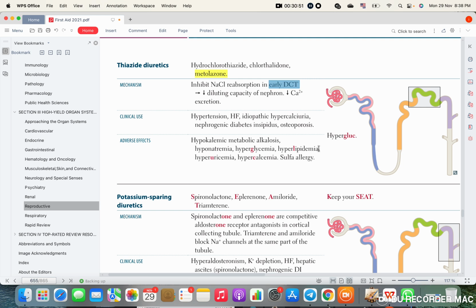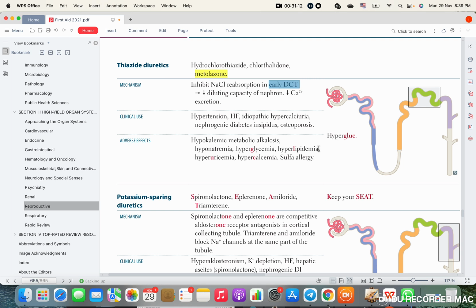So the mechanism of thiazide diuretics is the inhibition of sodium chloride reabsorption in the early DCT. So if you cannot reabsorb sodium chloride, it will go into your urine, which leads to decreased diluting capacity of the nephrons and also will lead to less calcium excretion. Let's think about this for a moment.